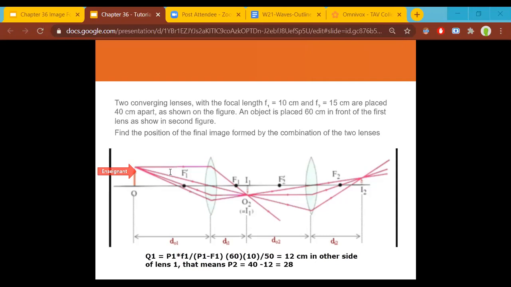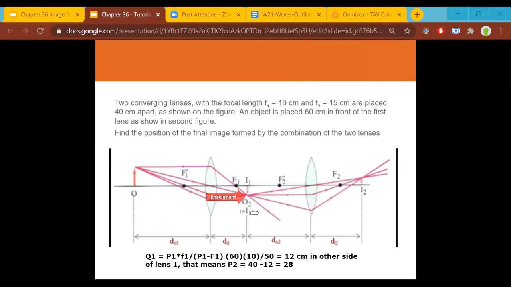And you know that the distance between the two lenses is 40 centimeters, which means that the distance between the image and the second lens is 28 centimeters. So we know that this distance is 12, this distance is 40, so the distance here must be 28. So that's where the object is located.